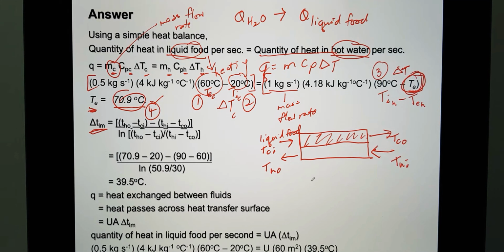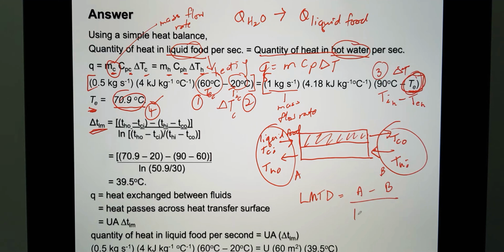So how you are going to derive the equation is by separating section A and section B. This one is A, this one is B. To ease your memorization of how to calculate the LMTD is very simple: it is always A minus B, divided by ln A per B. This one is the section.